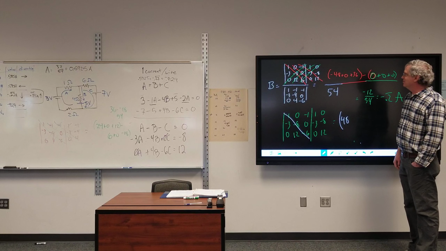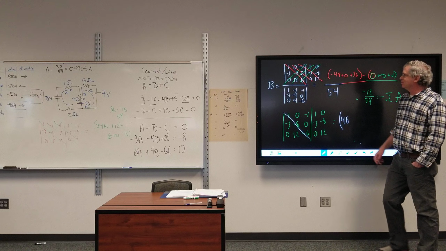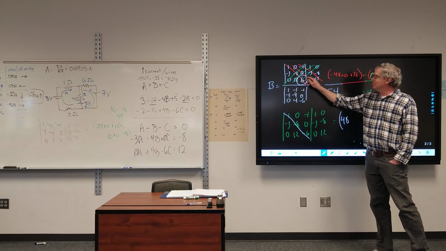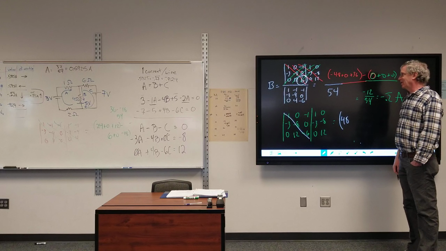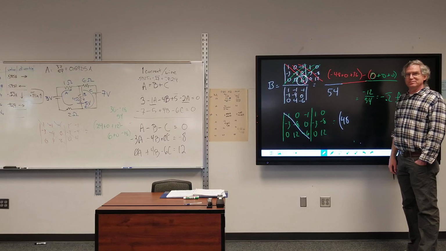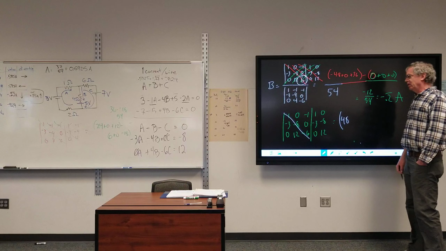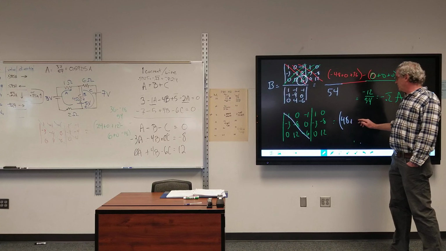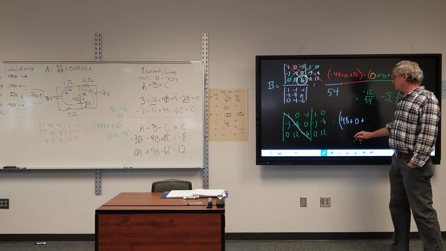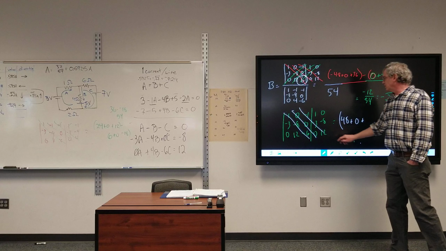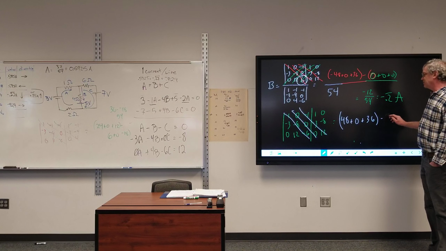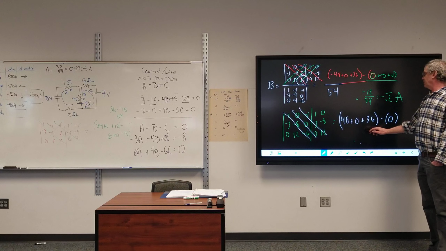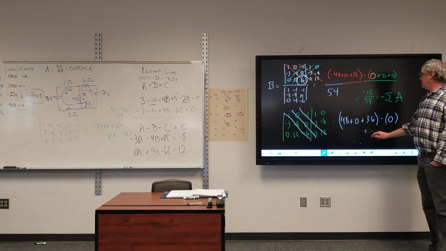Ah, there's the problem. That should be a negative 6. One minus sign. It's a lot of fun grading these too. Plus 0, plus the 0, plus 36, minus, and then we'll get 0.